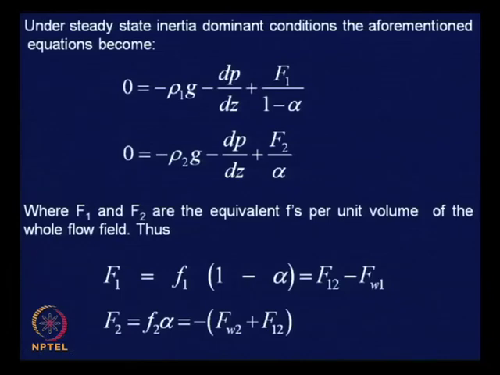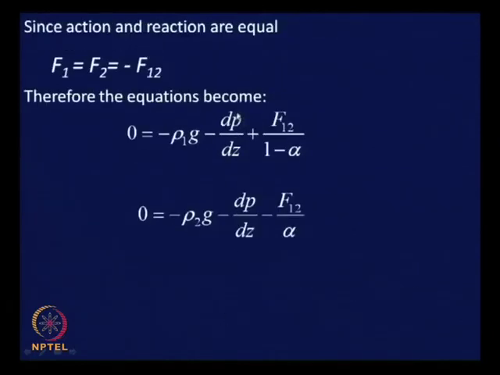Is it correct? Here we have considered only interaction between phase 1 and phase 2, wall and phase 1, wall and phase 2, and then we have also neglected the wall term here. So, these two equations which were derived are just for steady state inertia dominant conditions with the hydrodynamic drag being important, even the wall interactions are not important.